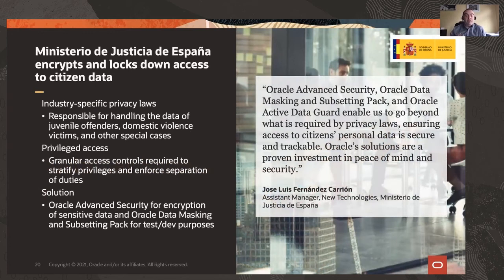They were able to comply with data privacy laws using advanced security. They encrypted over 400 million pieces of citizens' personal information, like first name, last name, lawsuits, court cases, arrests. And you can see in the quote from the customer: we selected Oracle because we know its security solutions work flawlessly. Oracle solutions are an investment in peace of mind and security.